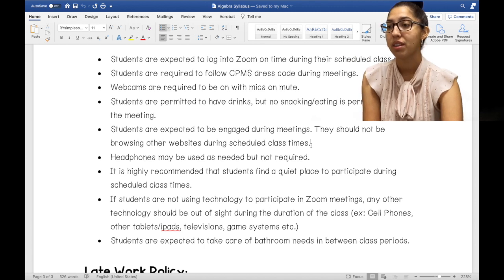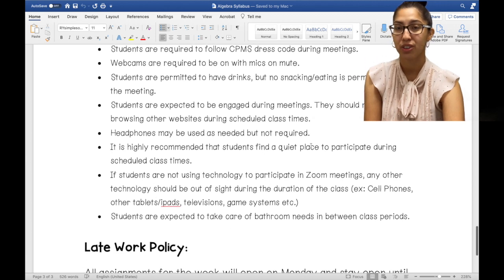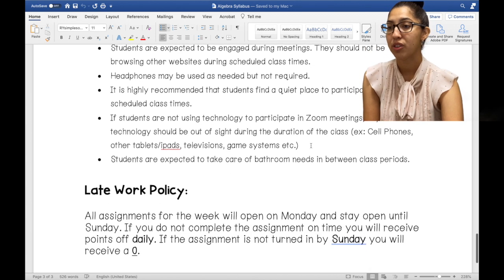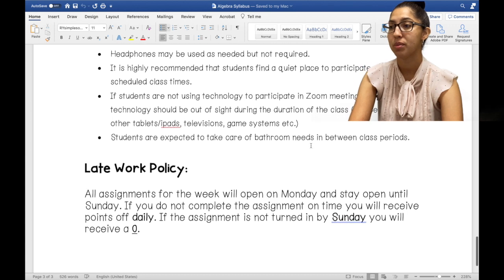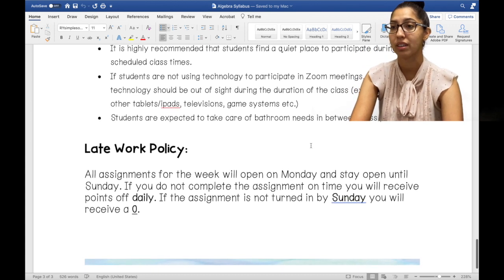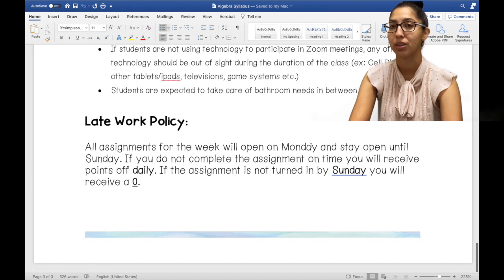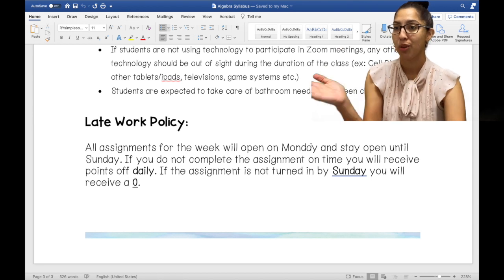It is highly recommended that students find a quiet place to participate during scheduled class times. I might ask you guys some open-ended questions that we need to discuss as a class, so you might need that. If students are not using technology to participate in Zoom meetings, any other technology should be out of sight during the duration of class. Students are expected to take care of bathroom needs in between class periods, so try to do that before or after.